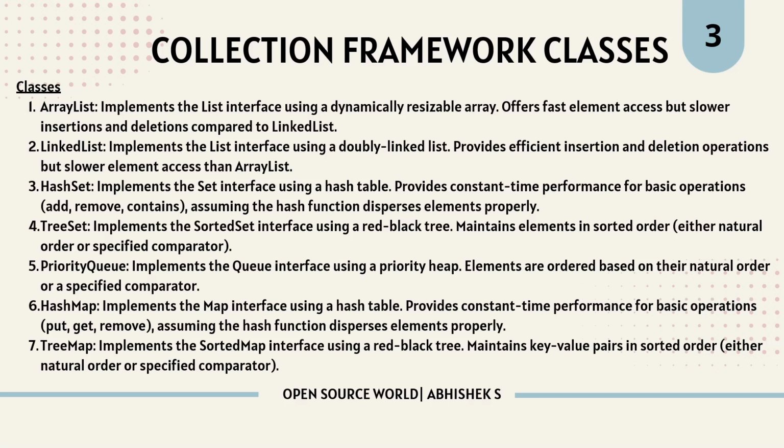So basically it provides constant time performance for basic operations: put, get, and remove. Assume the hash function distributes elements properly. So in memory, when you talk about the concept of hash map, it takes less memory. For example, if you want 1000 elements, it will be scaled down to their modulus value.